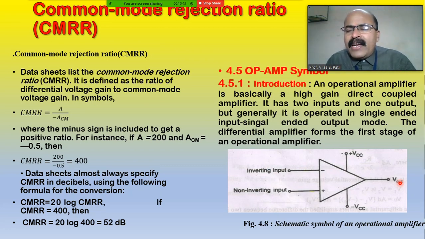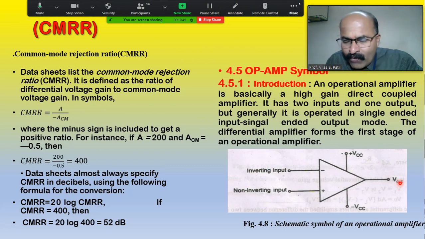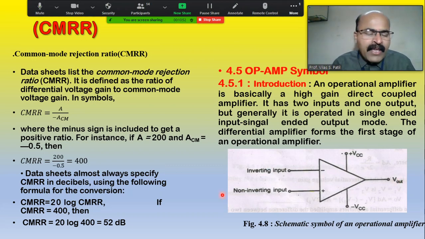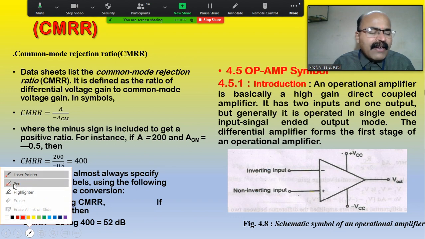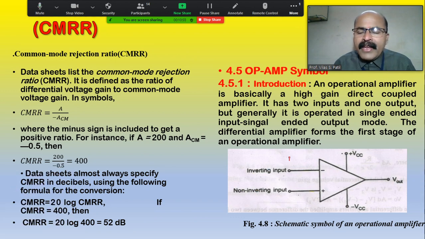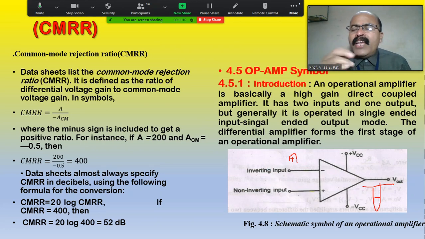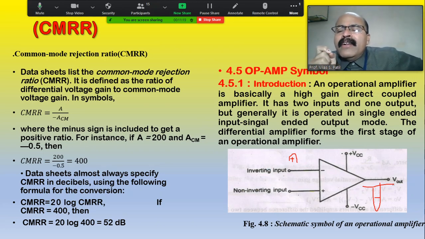That is, the input terminal voltage and output terminal voltage appear 180 degrees out of phase. 180 out of phase means if here the input is in the positive half cycle, then the output should be in the negative half cycle. It means the phase inversion appears between the voltage at the input terminal and the output terminal, hence it is known as an inverting terminal.